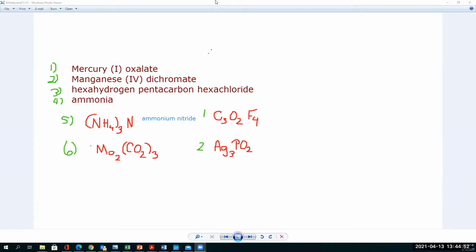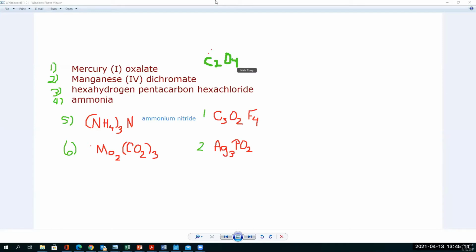Draw. All right, everybody. So, oxalate. First thing we did is we identified oxalate has a formula of C2O4, and it's 2-.